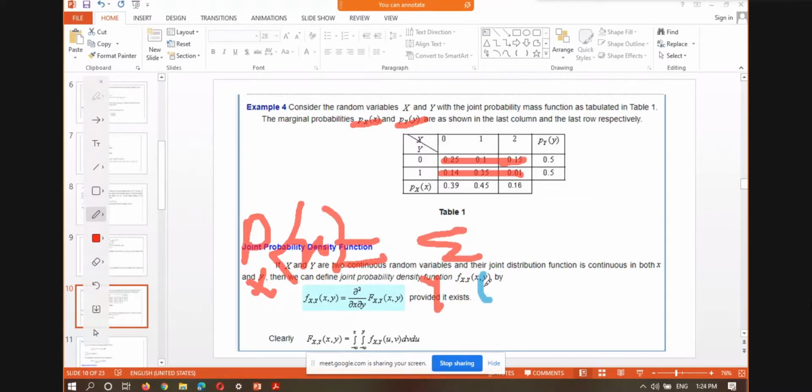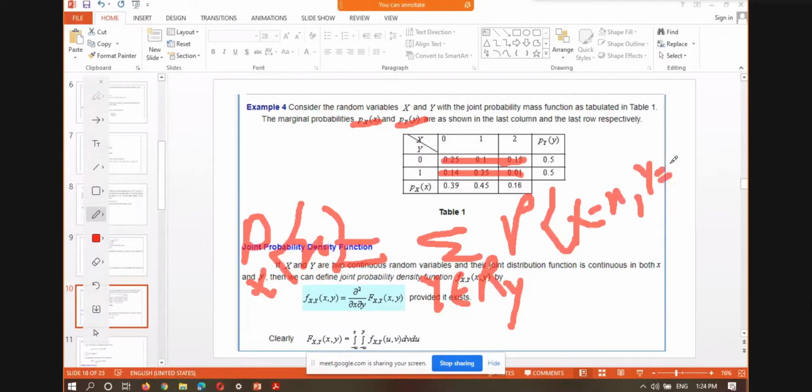Actually, we have to run over all values of y belonging to Ry, and we have to add this probability that X equals x, comma Y equals y. So this is the formula for calculating this marginal probability mass function for x from the joint probability mass function of x and y.